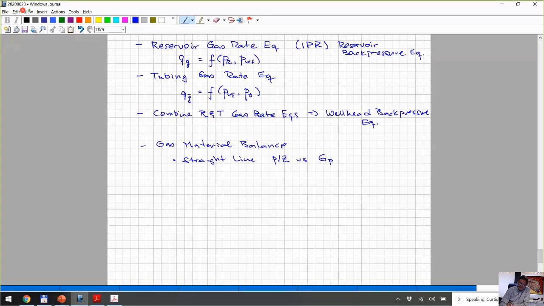Is it average reservoir conditions, cumulative gas production? That's just the integral of QG dt from time zero. And we'll look briefly at the effect of aquifer performance on the material balance.